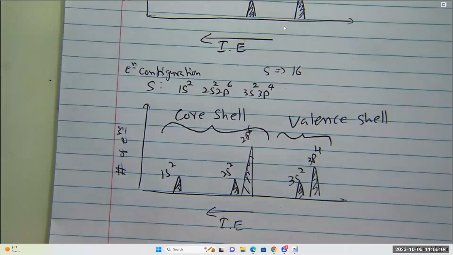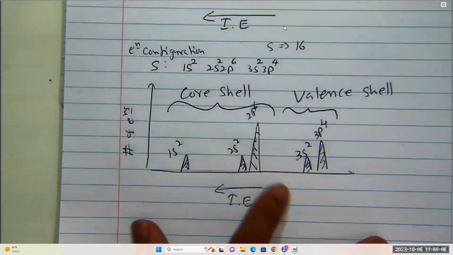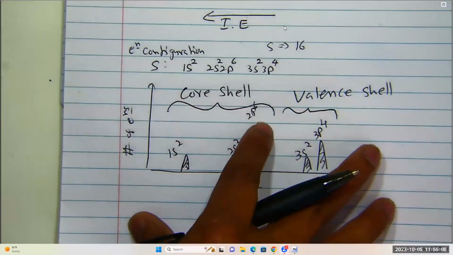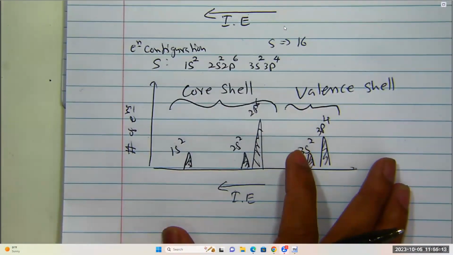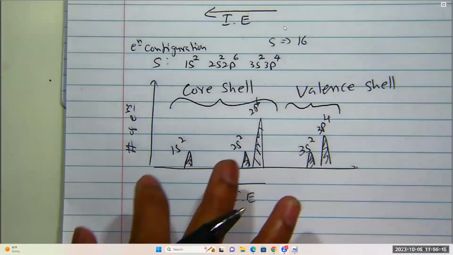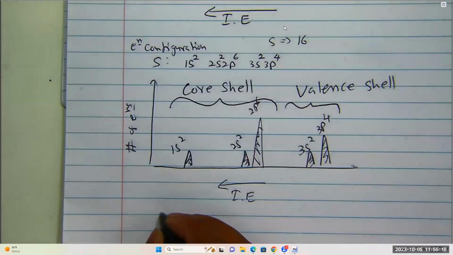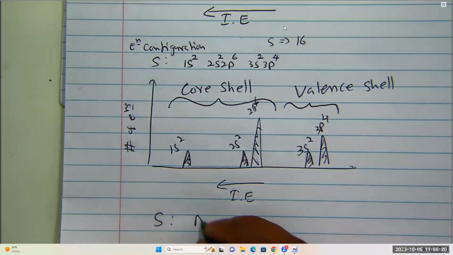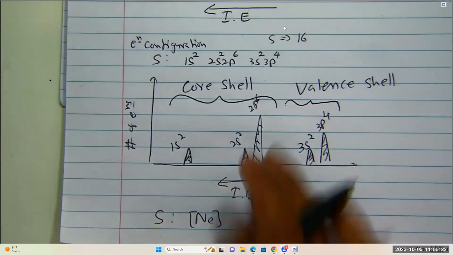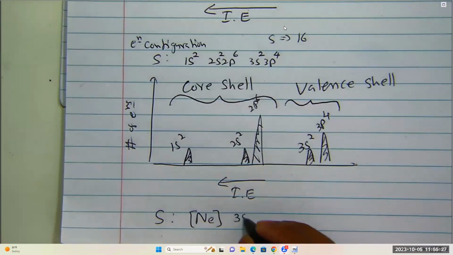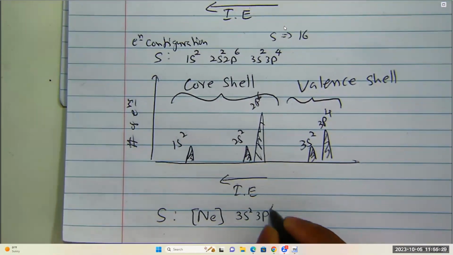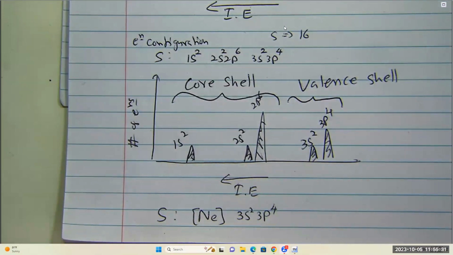And which noble gas is that? 1s2, 2s2, 2p6, or 10 electrons are filled. Which noble gas has 10 electrons? Neon. Thank you. So when we write the electron configuration of sulfur, we can also write neon core shell to indicate what we have in the core shell, and then the valence shell configuration, which is 3s2, 3p4. That's called the shorthand notation or noble gas notation for electron configuration.